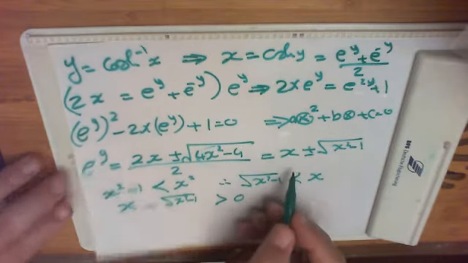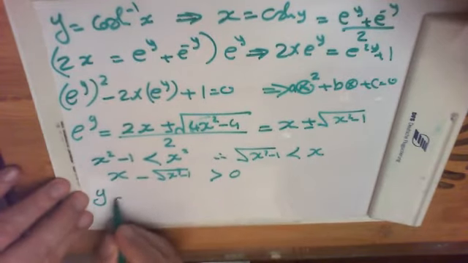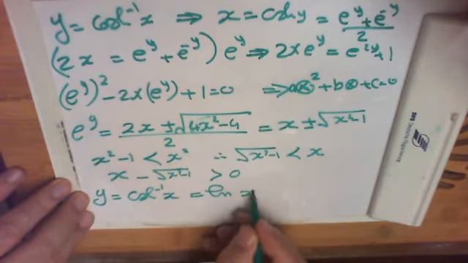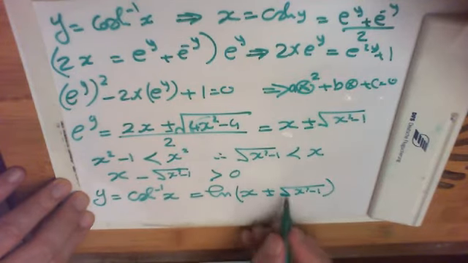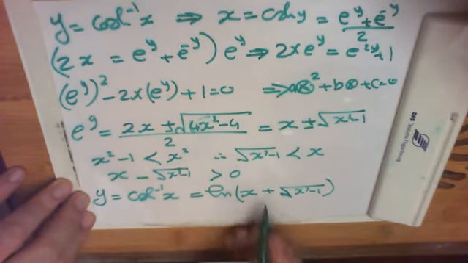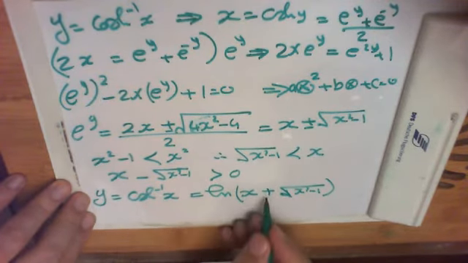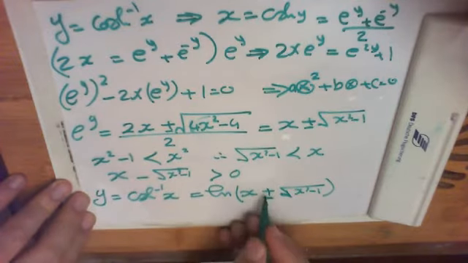So we can accept both sides. Now this is e to y. We need y. Y, which is cosh minus 1 x, equals ln of x plus or minus. Let us consider only the positive side for facilitating our calculations. It doesn't matter whether we take positive or negative, but only for facility of the operations we'll consider only the positive. But remember, I can accept also the negative side. Keep this, but in the next operations we'll consider only the positive one.